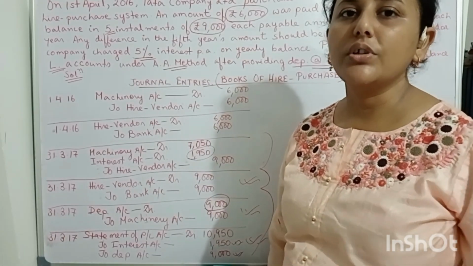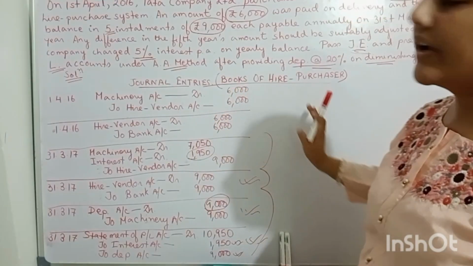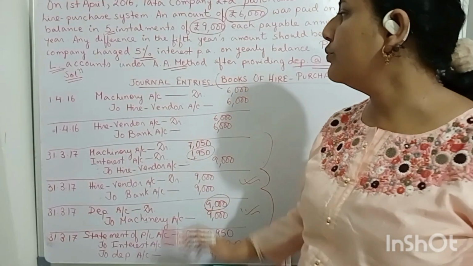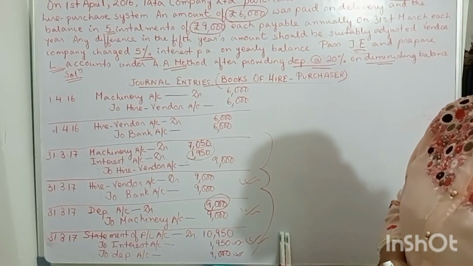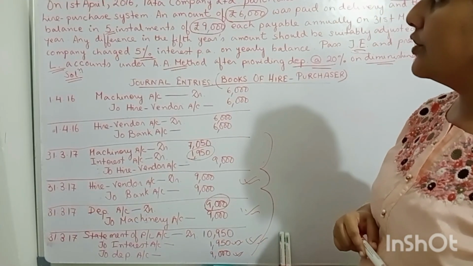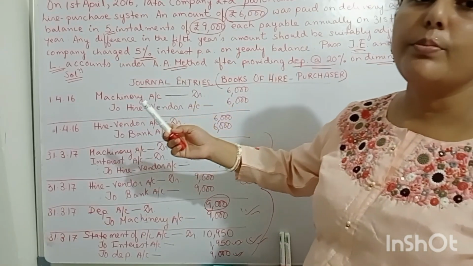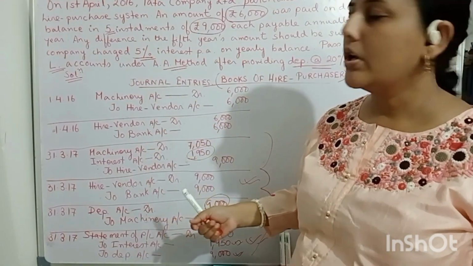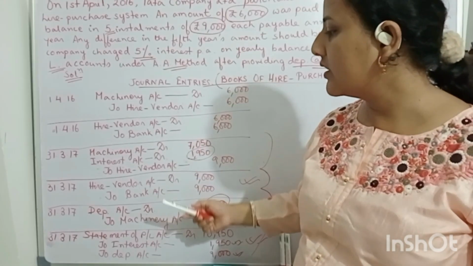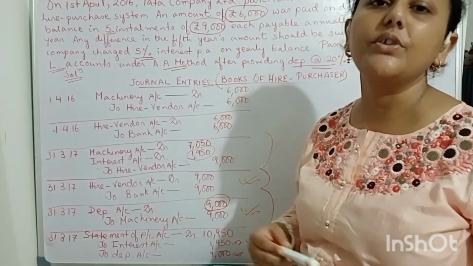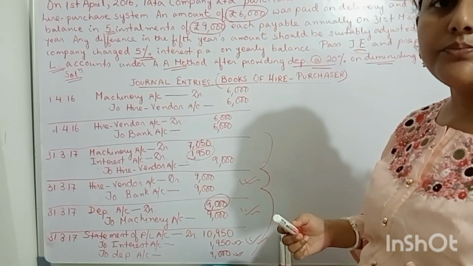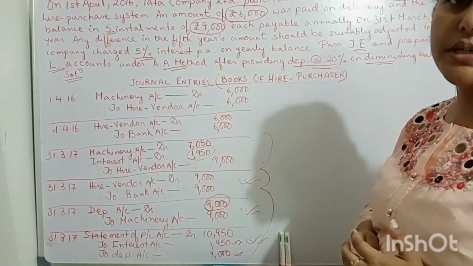Hire vendor books are not required under the asset accrual method. You just have to know the books of the hire purchaser. So it is very important for your exam, and you should know how to prepare ledger accounts. Like you have to prepare machinery account, hire vendor account, interest account, depreciation account, the statement of profit and loss account, and you should know how to do the ledger posting and take out the CD and BT.